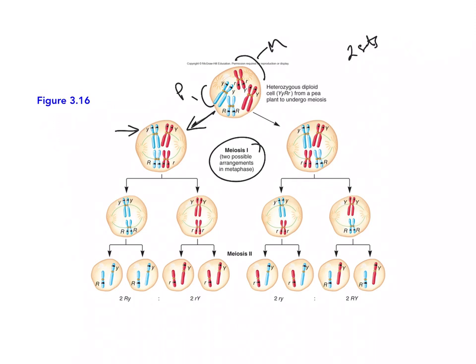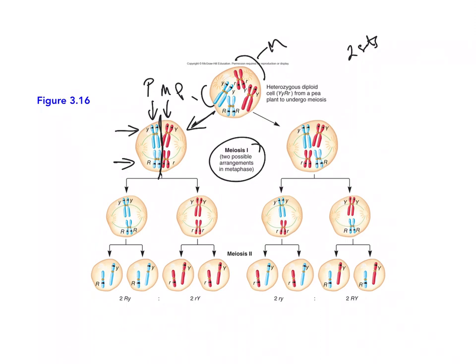Let's call it the Y gene, and then down here we have the R gene on this set of homologous chromosomes. These can line up along this metaphase plate where all of our paternal chromosomes are on one side and all of our maternal chromosomes are on the other side.